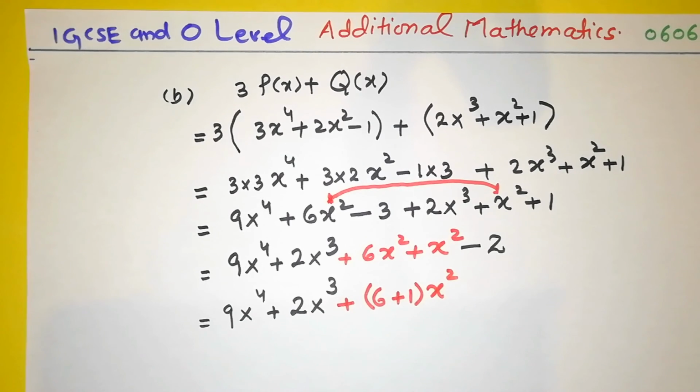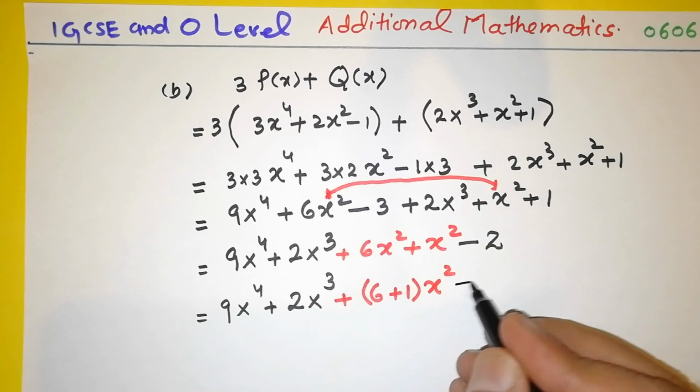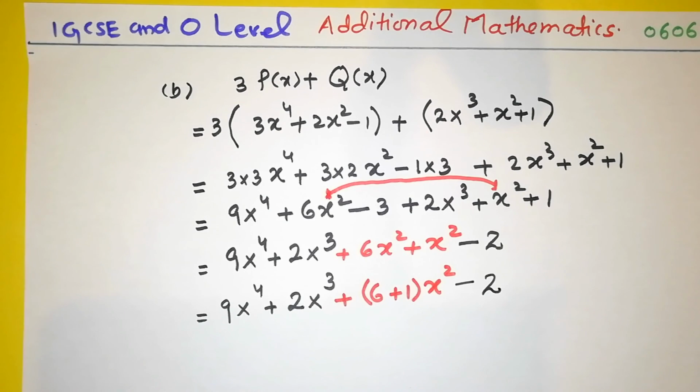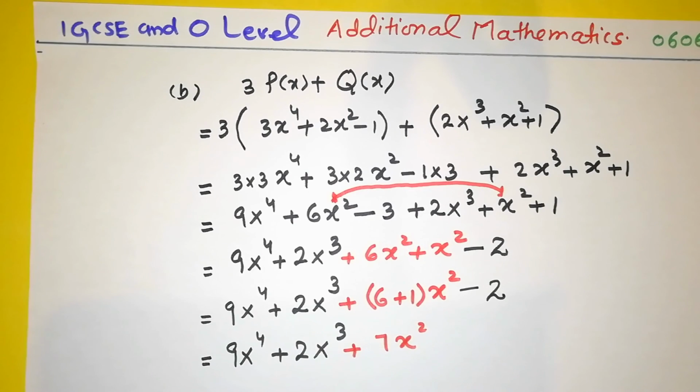Actually we are adding the coefficients of x^2. So we have 9x^4 plus 2x^3, and here we get plus 7x^2, and this is our final answer.